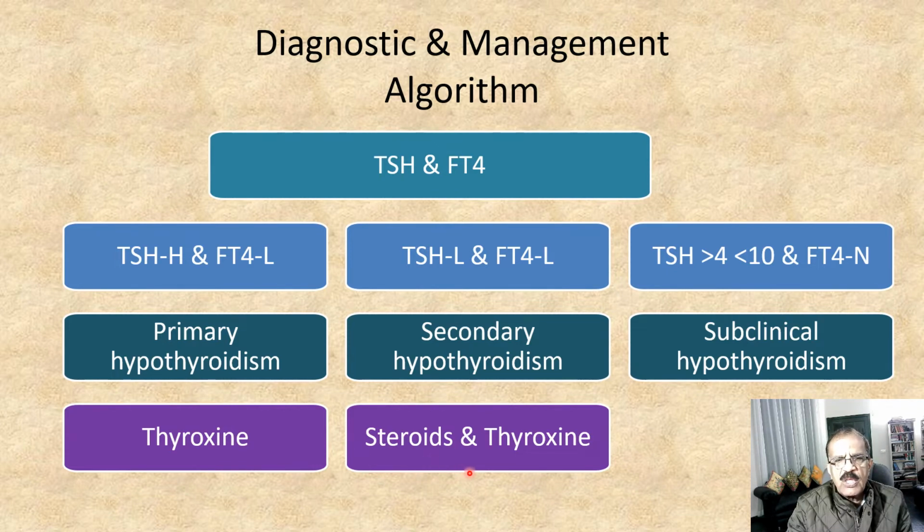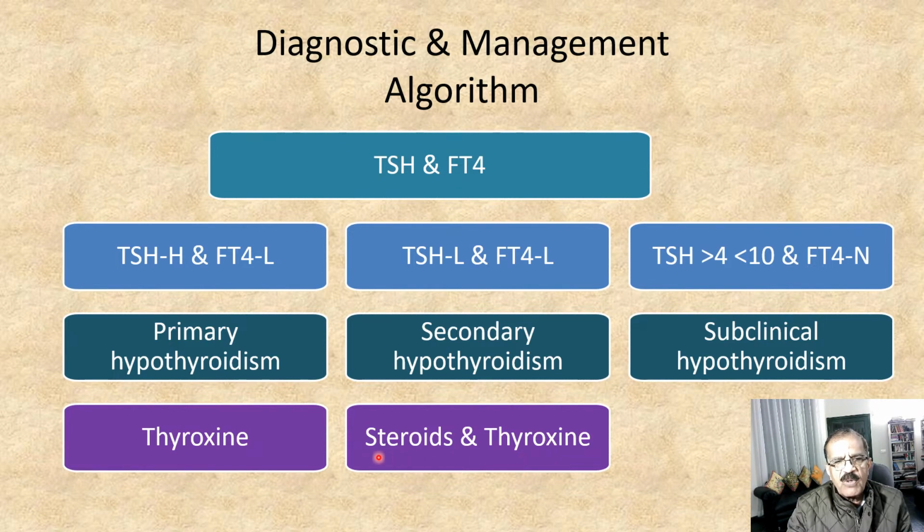So it is a universal rule that if there is secondary hypothyroidism, before you start thyroxine, you must replace corticosteroids, and at least 7 days into the adrenal replacement therapy, then you should start thyroxine. If you start with thyroxine straight away, there is a possibility that this might push them into adrenal crisis.